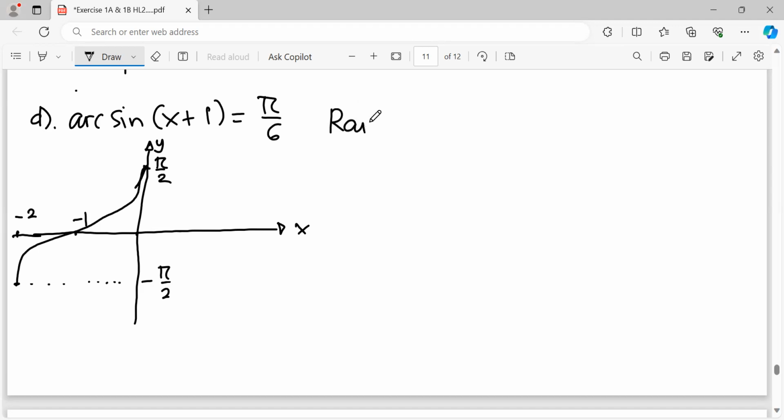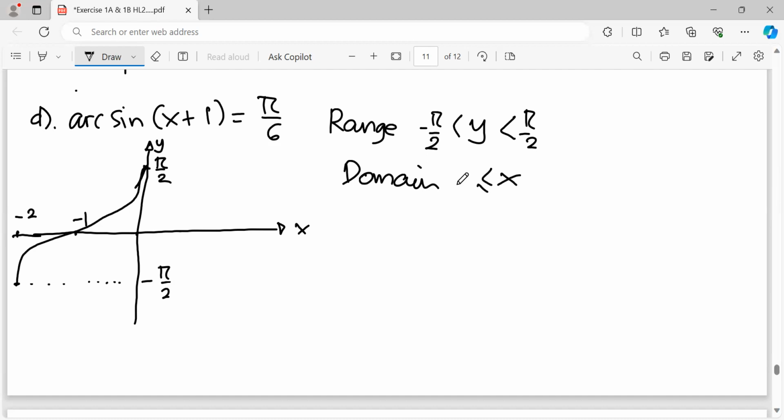So range on the y-axis from minus pi half to pi half. Domain, zero to minus 2, I mean minus 2 to 0. This is minus 2 because this one is minus 2.